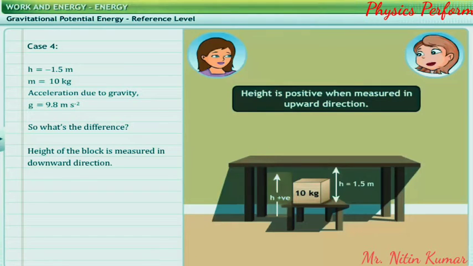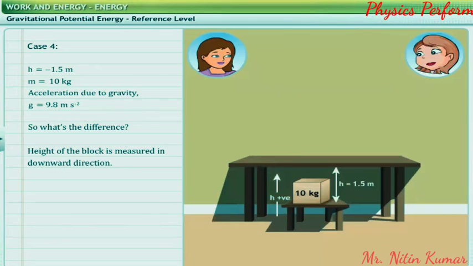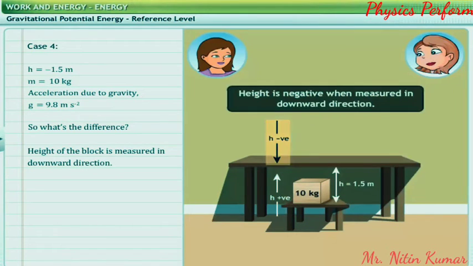When height is measured in the upward direction, it is considered positive. However, when measured in the downward direction, height is considered negative.